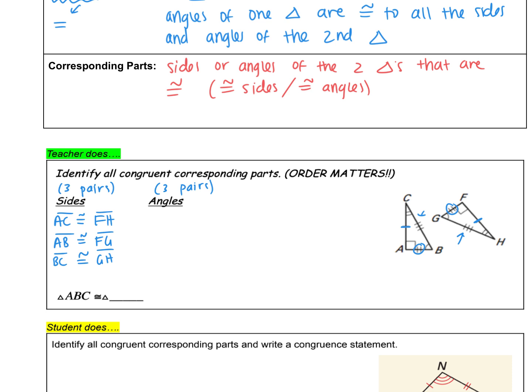We also need to identify the corresponding angles. So I'm going to start with the right angle.